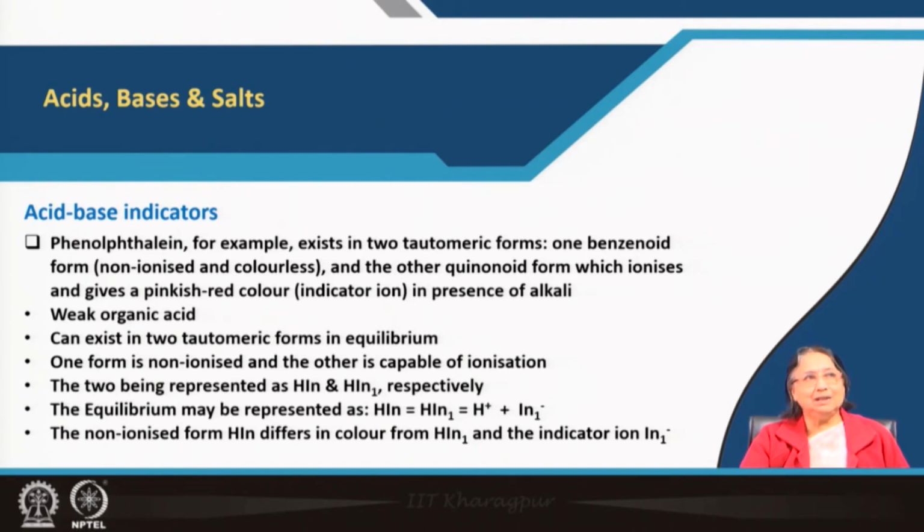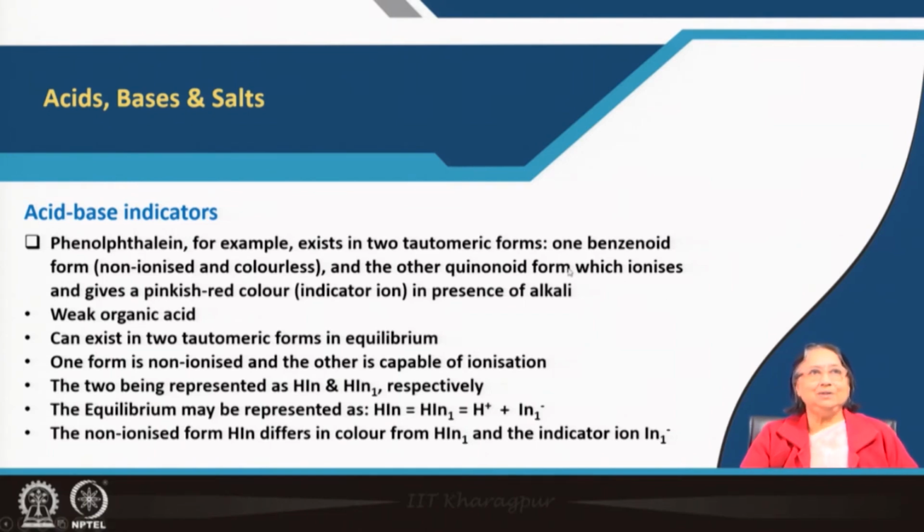We all use, even from our school days, we are habituated in using these two indicators for our acid base titrations. How does it happen? Why do they change color during our titration? When it is acidic, it shows one color. When the solution is basic, it gives another color, that I will tell you today.